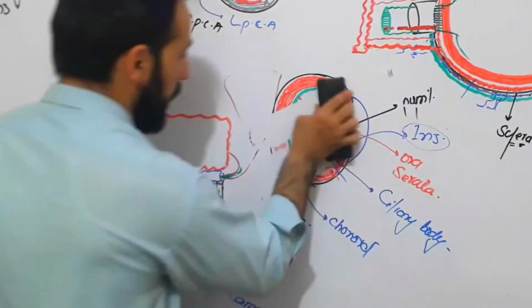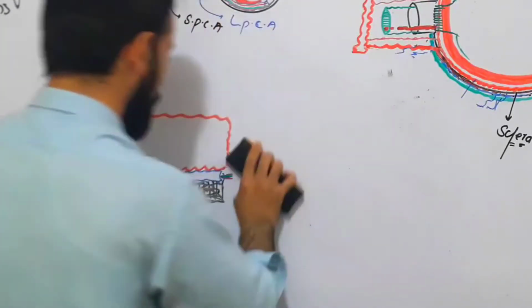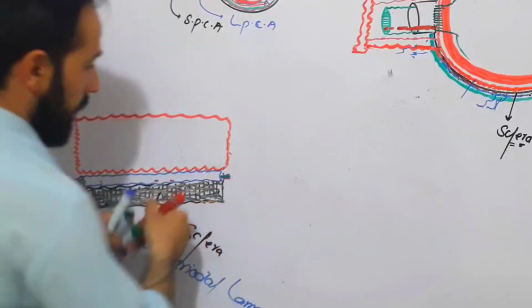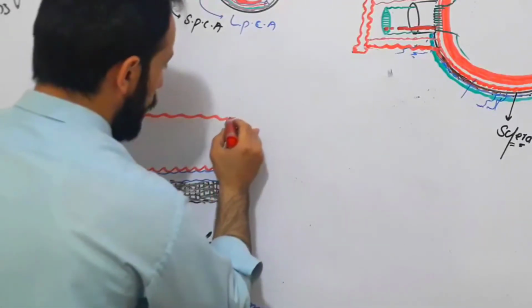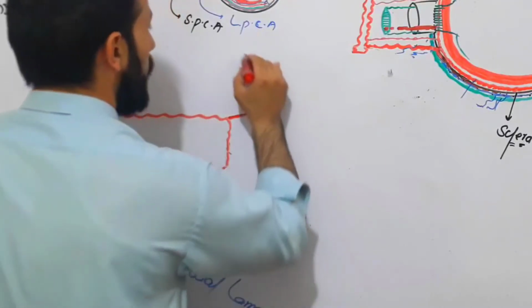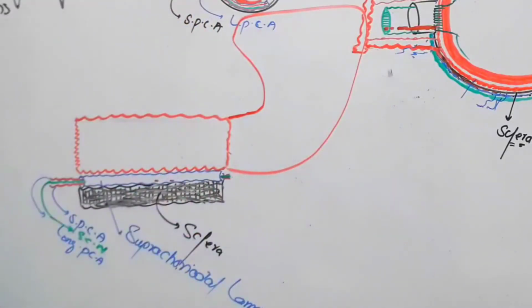So let me erase this diagram and show you all those which come out. Look, if this is your choroid, then if you move further forward, what is this? This is your ciliary body.